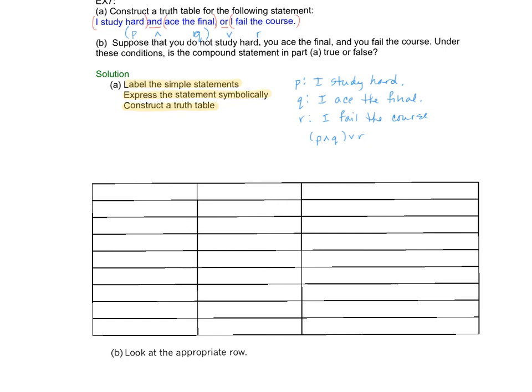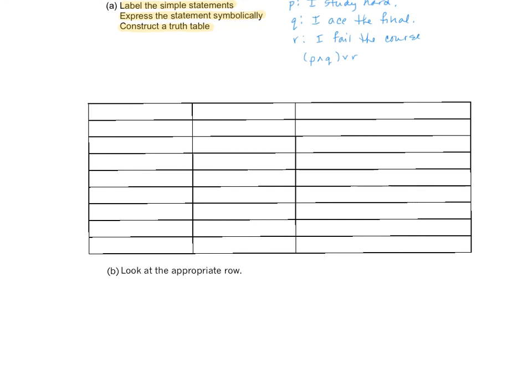I have three statements, P, Q, and R, which means I need 8 rows. The first 4 in P would be trues, 4 trues, and then 4 false. Q, 2 and 2, so 2 trues, 2 false, 2 trues, 2 false.